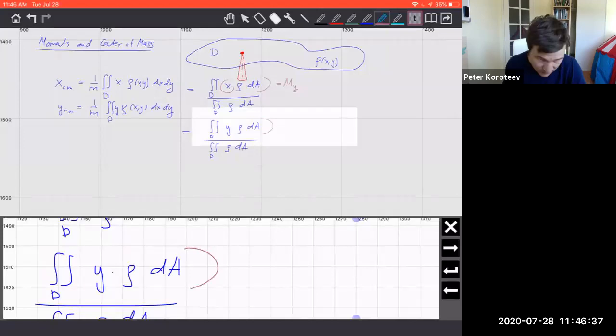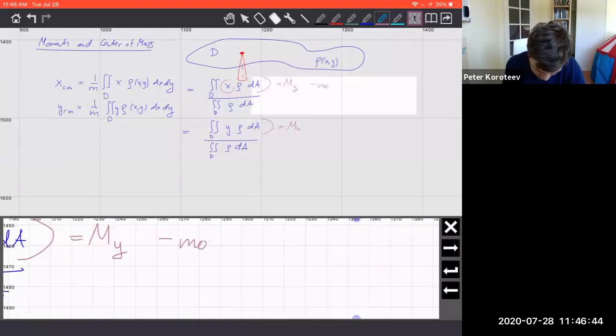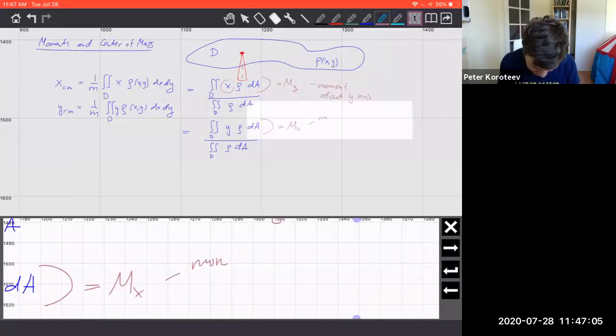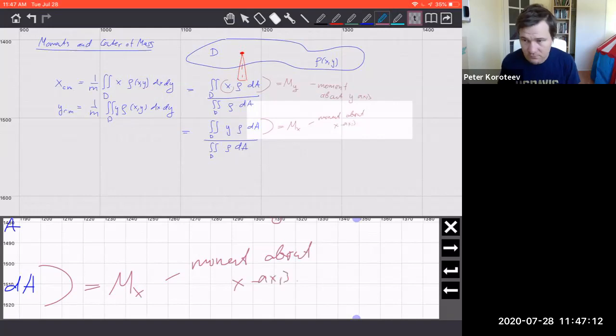And the numerator in the y formula is called the x moment, the moment about the x-axis. So it goes complementary.